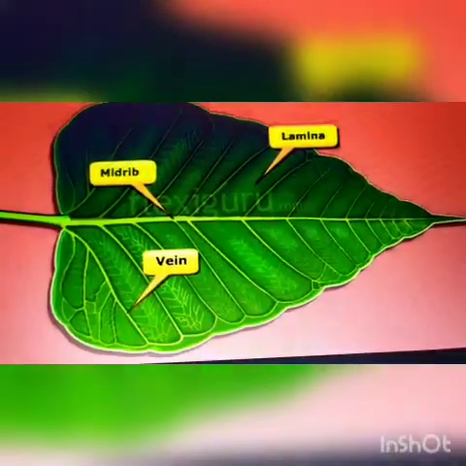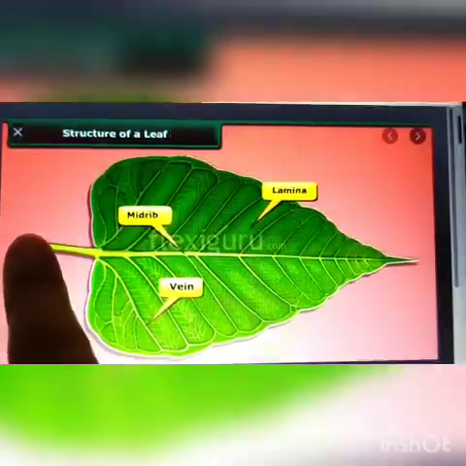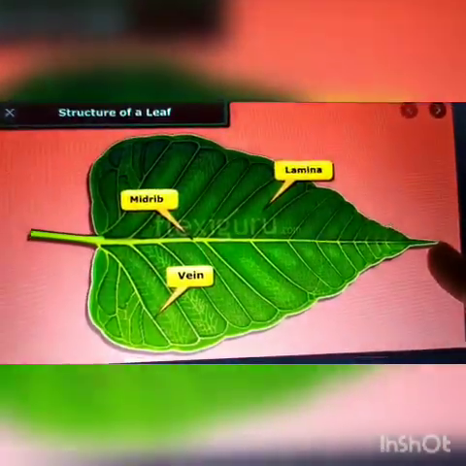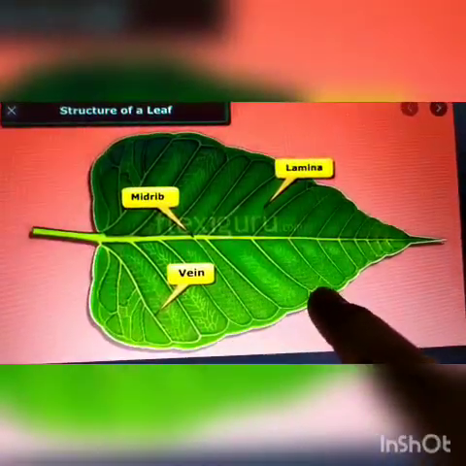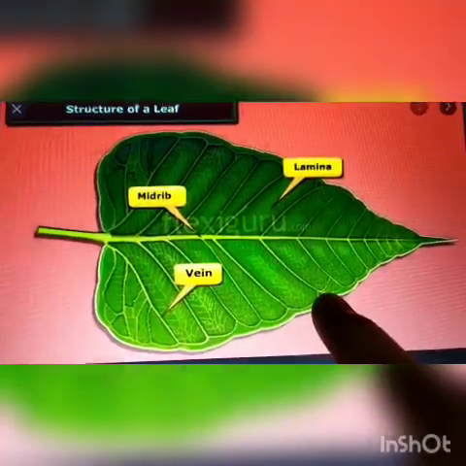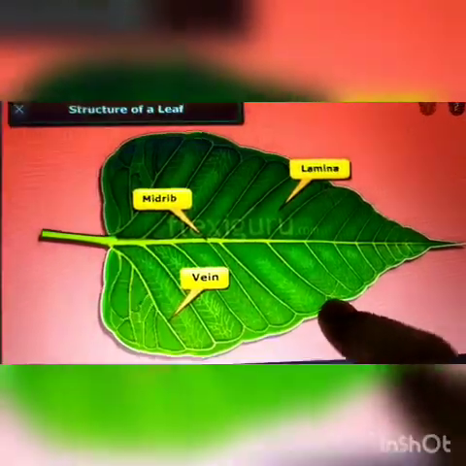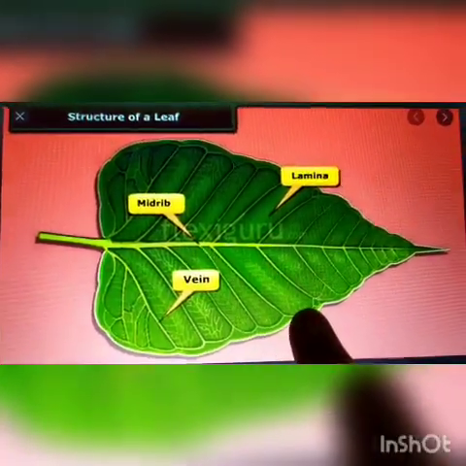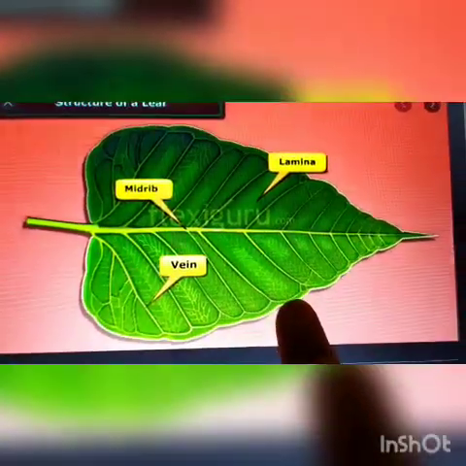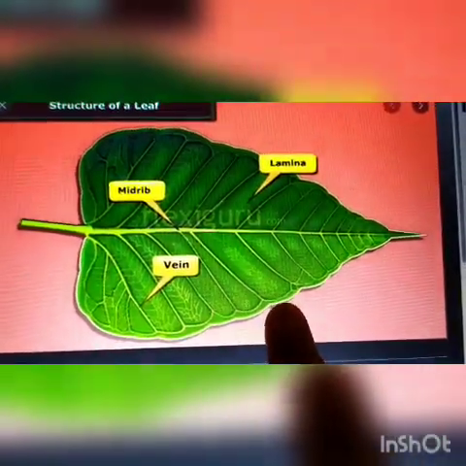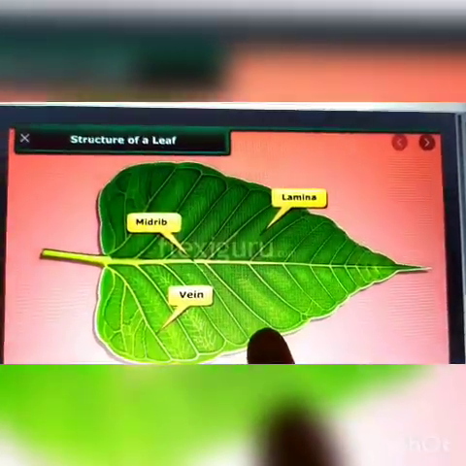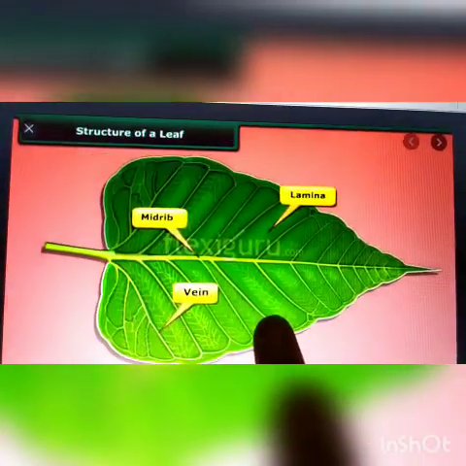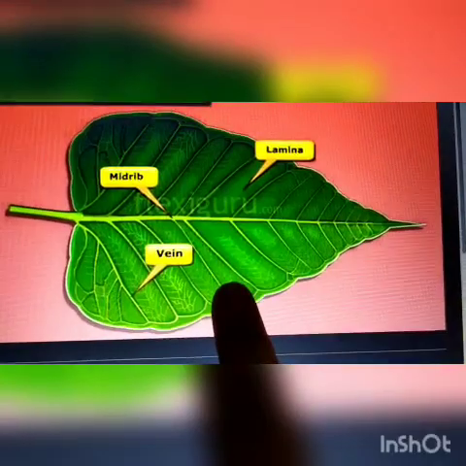So, main vein is present in the middle of the leaf blade, and small, thinner and tube-like structures which are connected or attached to the main vein are called as side veins. Okay. So, what is the function of these veins? The leaves get water and minerals through these veins. Okay.